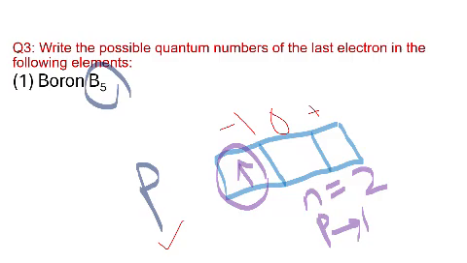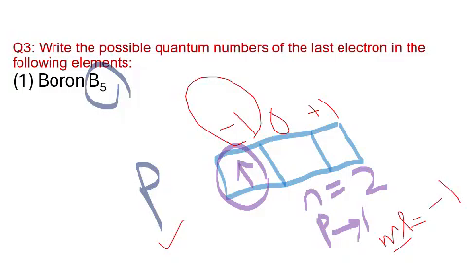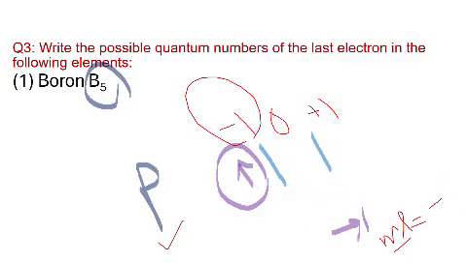So the value of ml, the magnetic quantum number, equals -1. Why? Because it is located at the first orbital in the p sublevel. So before we come to the spin, the value of ml equals -1.